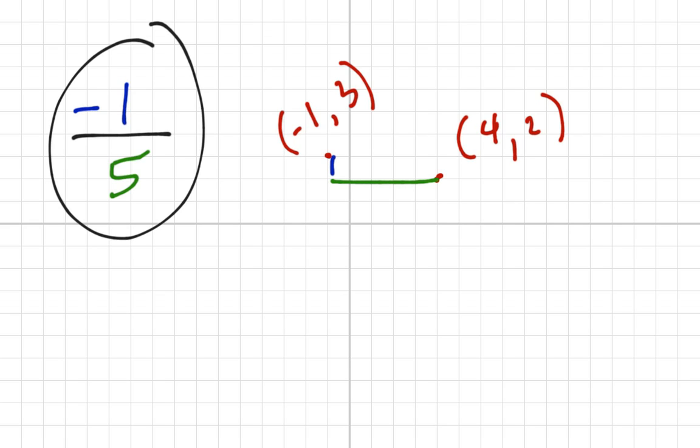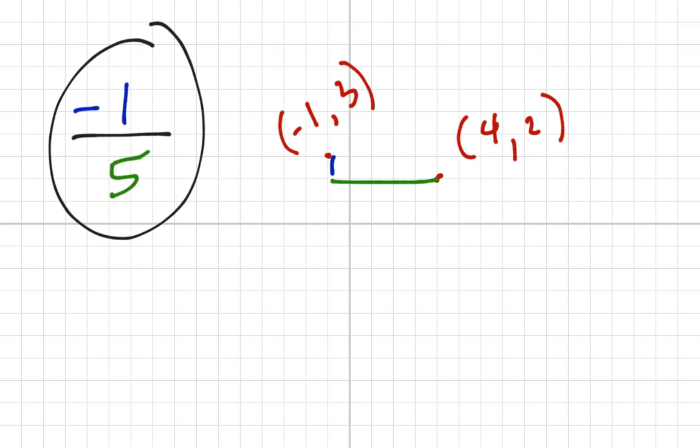One way to figure this out using the numbers just from the ordered pairs here is to take my x and y values and subtract them, this time going in reverse to find out where did I come from. So 4, 2 got there by following the slope -1/5 from -1, 3, and that can be found by this concept right here.